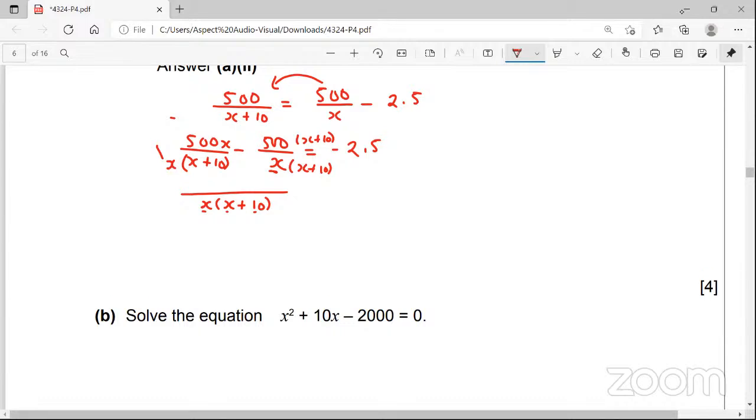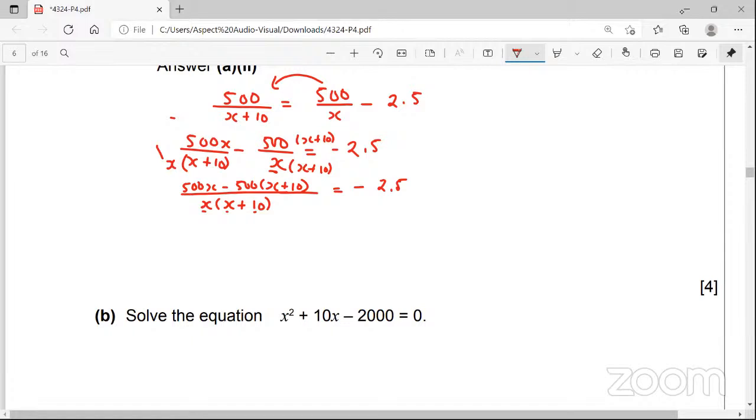Now, from there, I will then have in my numerator 500x minus 500 into x plus 10, which is equal to negative 2.5. Are we together till there? You are all fine.